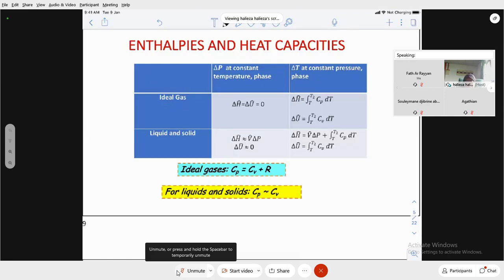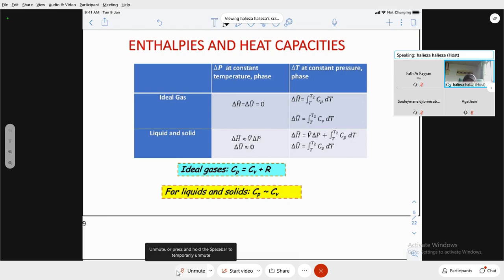Okay. Today's lecture is from chapter 8. I did start a bit last week on hypothetical path. The reason you're going to do hypothetical path is that you need to calculate the enthalpy. You're not going to be able to get it from any data. In chapter 8, you need to know how to calculate your enthalpies.